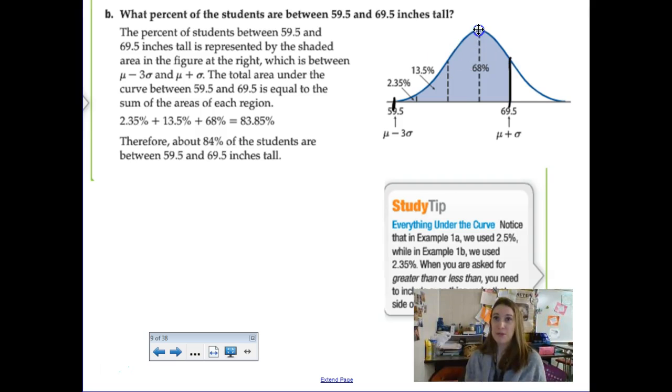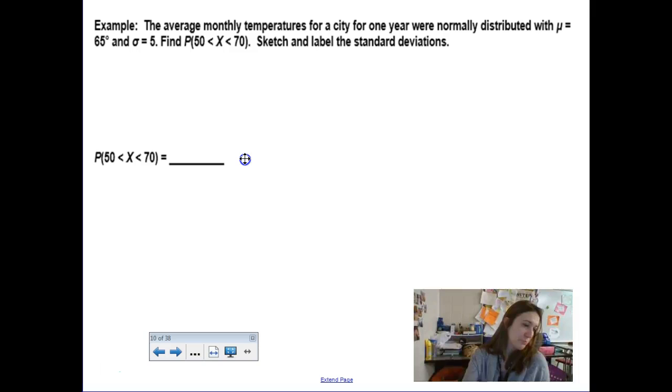So, what I would do when I do this question is, I just think of them as chunks. So like 34, 34, 13.5, and this is that 2.35, because we're taking off that little teeny tiny tail. And if you add all those together, apparently we got 83.85. And they went ahead and rounded that to 84%. And they did want what percent of students on that question, so we would just leave it like that.